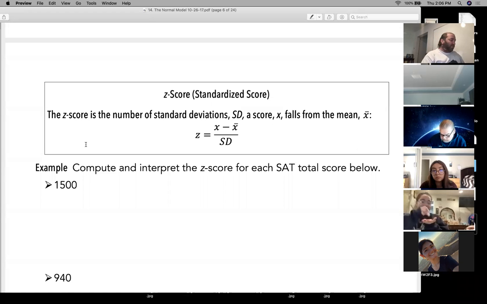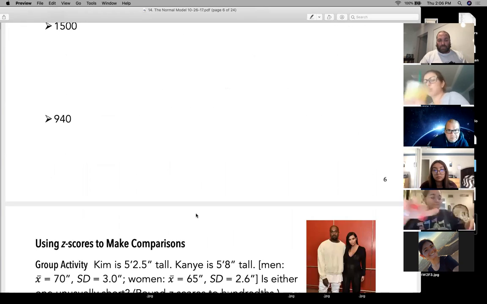If a z-score is 0, we fall directly at the mean. If a z-score is 1, we fall 1 standard deviation above the mean. If it's 2, we fall 2 standard deviations above the mean. And it gives us a method of comparing distributions that are not the same, like male heights and female heights, as we saw with Kanye and Kim last time.